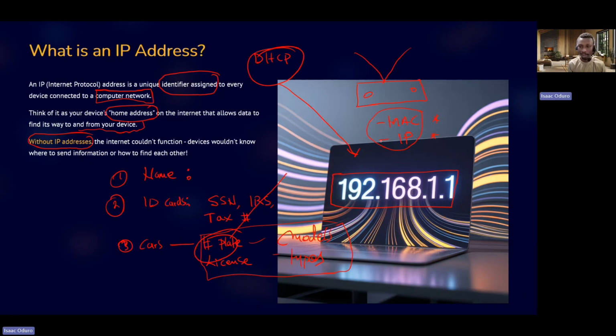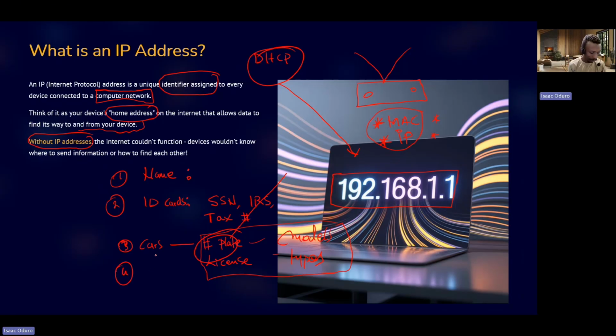And also, if it is connected on the internet through the router, then the devices will communicate to each other using the IP address and the MAC address. So here, the devices will find each other and communicate with each other using these two things I've listed: the IP address and then the MAC address. So as long as we have these unique identifiers, we will be able to identify each individual or each device.